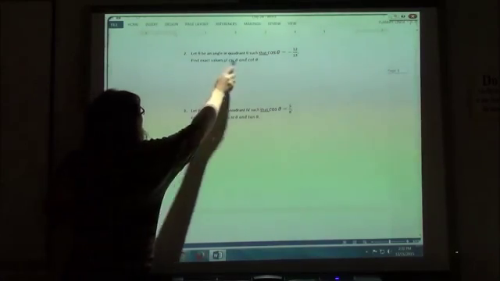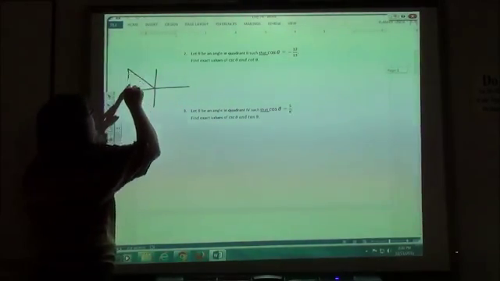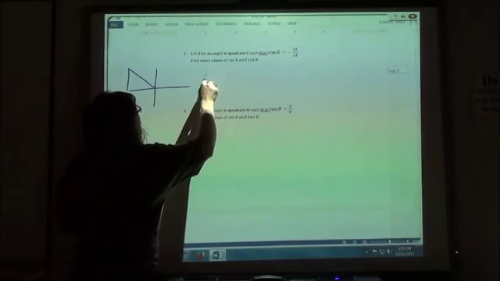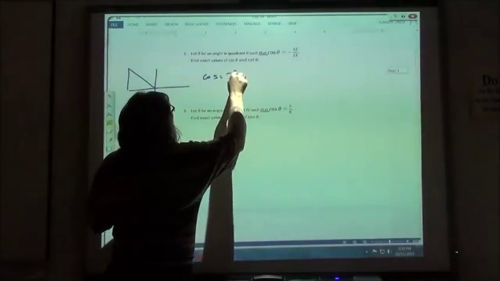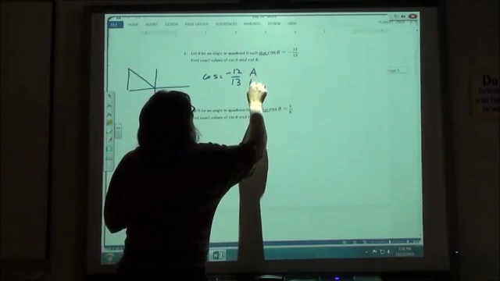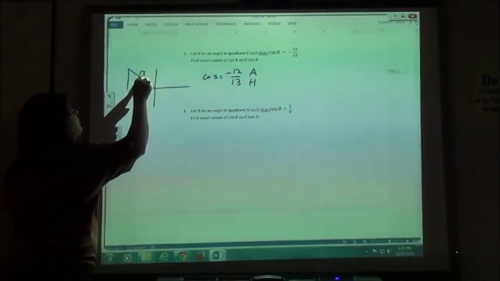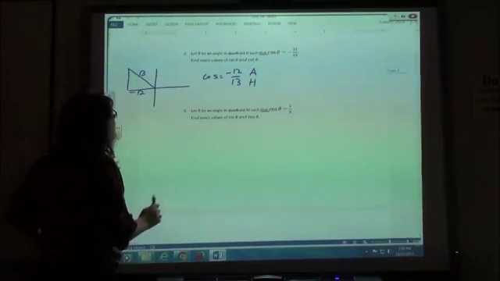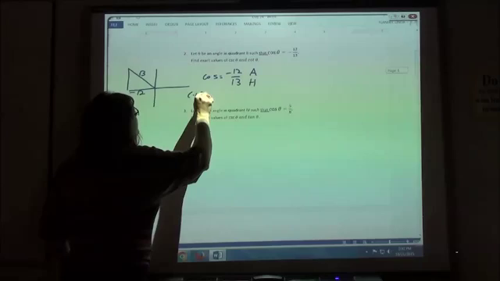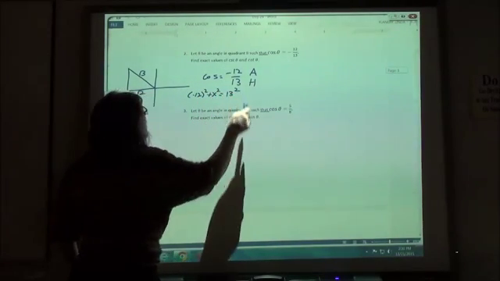So let theta be an angle in quadrant 2. Quadrant 2 over here, my cosine is negative 12/13. The cosine is the adjacent over the hypotenuse, so negative 12 and 13. So using my Pythagorean theorem, negative 12 squared plus x squared equals 13 squared.